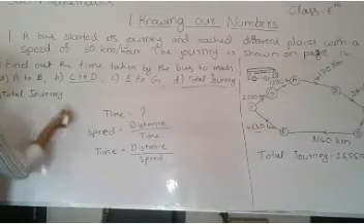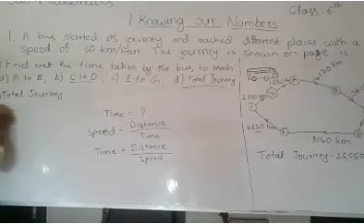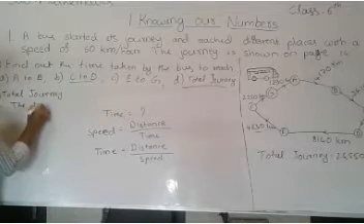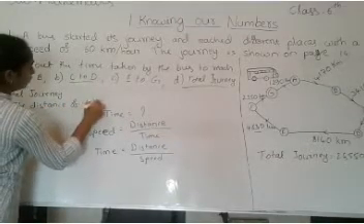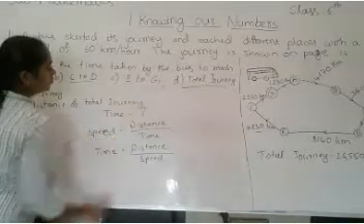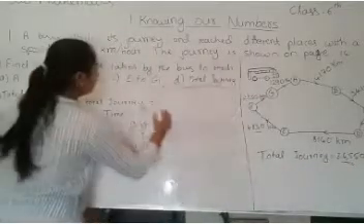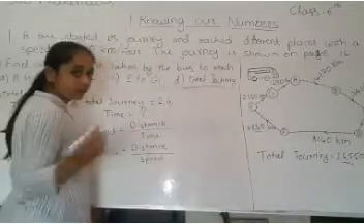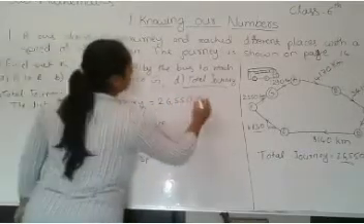The distance of total journey, what is our total journey? It is 26,550 kilometer.